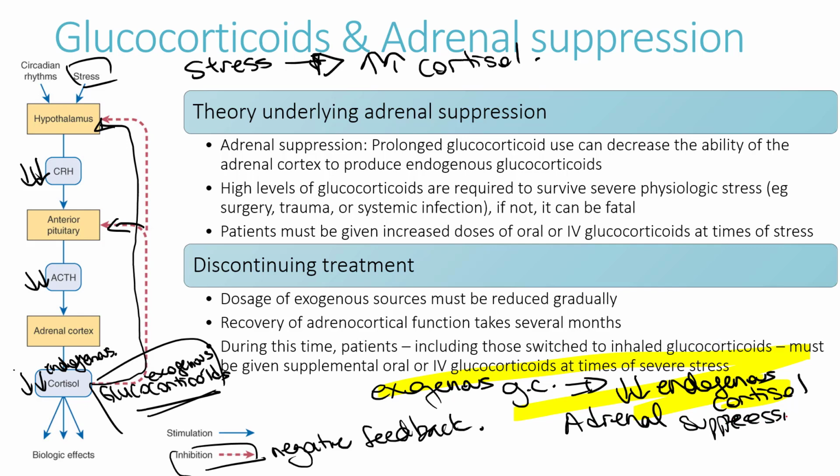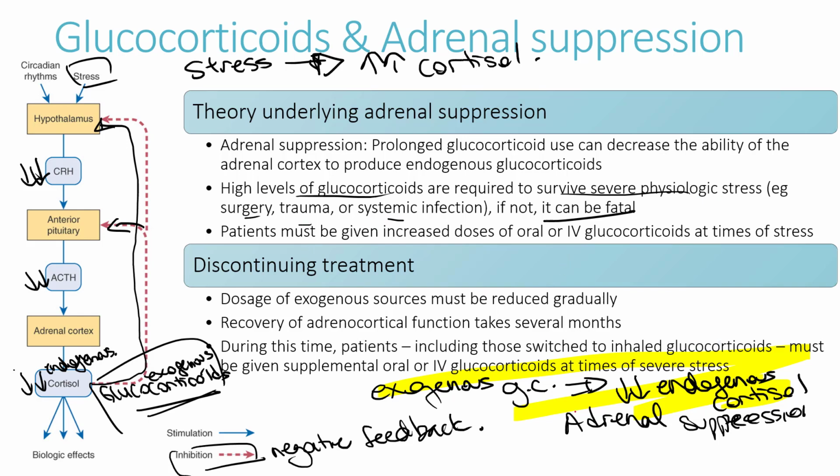And that's not good, because then what happens is that it can be fatal, right? So high levels of glucocorticoid are required to survive severe physiological stress, such as systemic infection, trauma, or surgery. If not, it can be fatal.